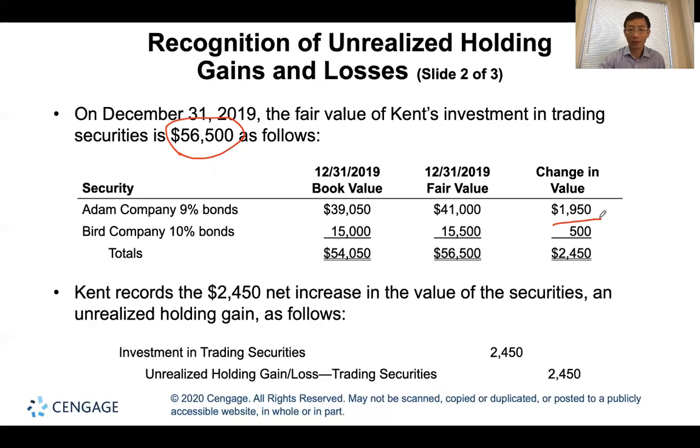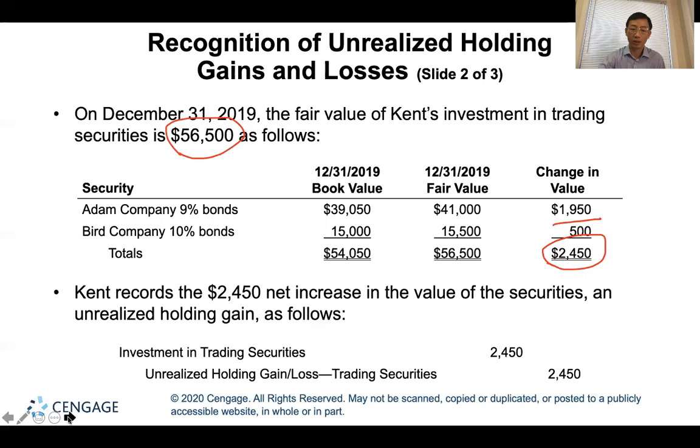For the 10% bonds, the price increased 500. So totally, the unrealized gain is 2,450. So debit investment in trading security. That means the asset value increased 2,450, and credit unrealized holding gains trading security 2,450.